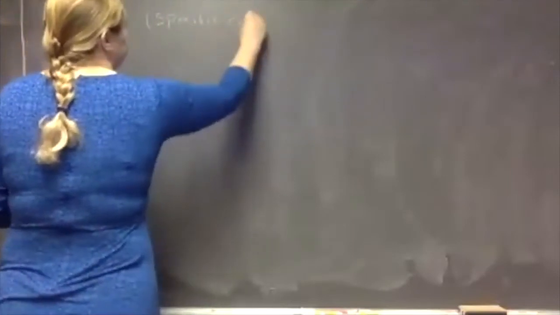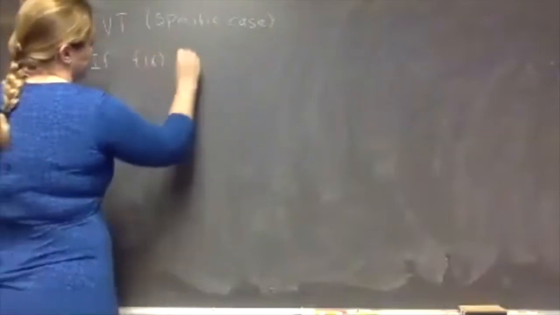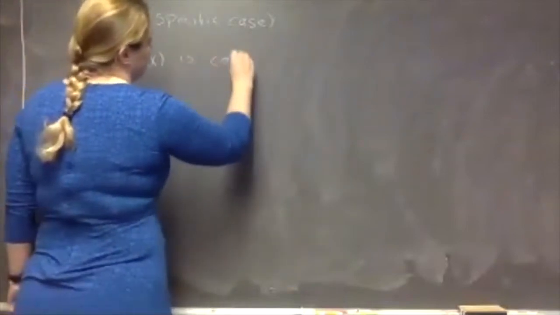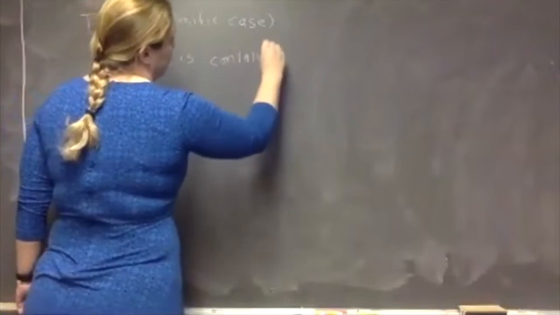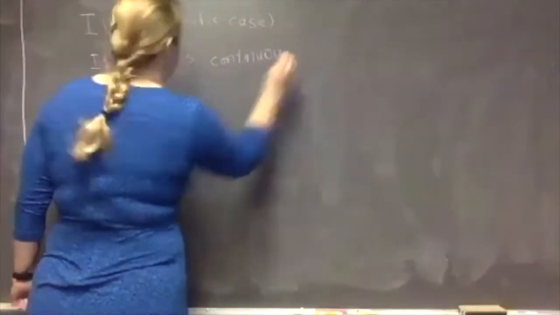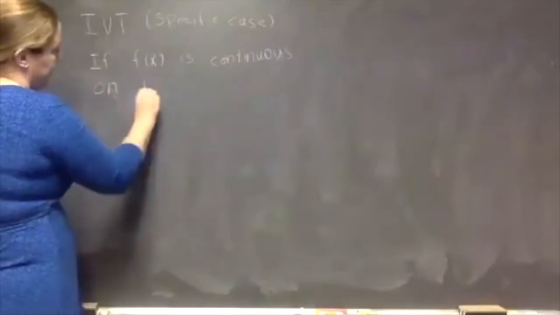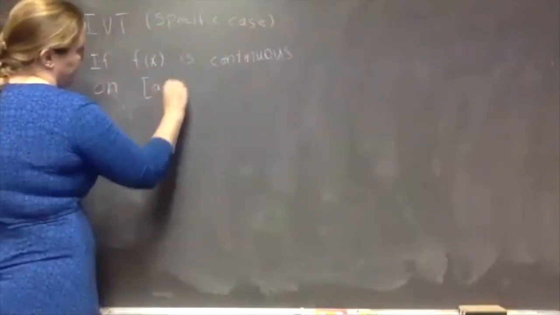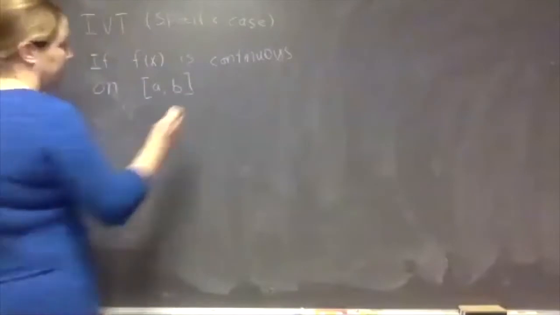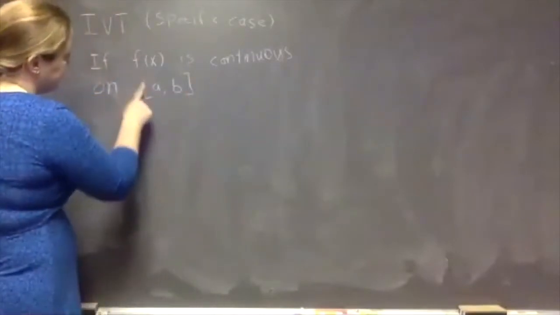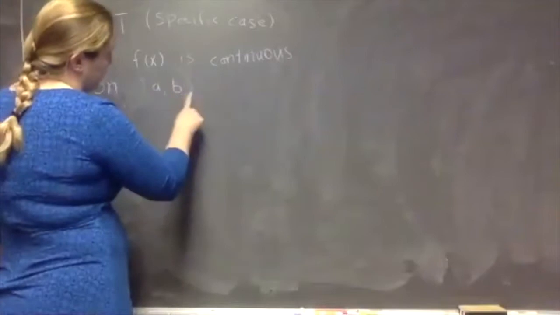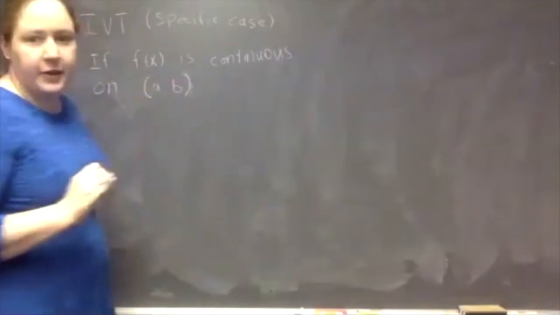So, intermediate value theorem, specific case. If f of x is a continuous function on some interval a to b, I guess technically, for the extreme value theorem we have to include the endpoints.